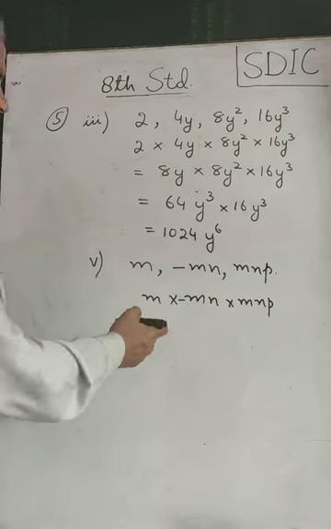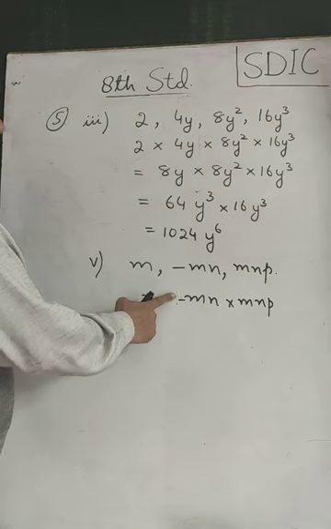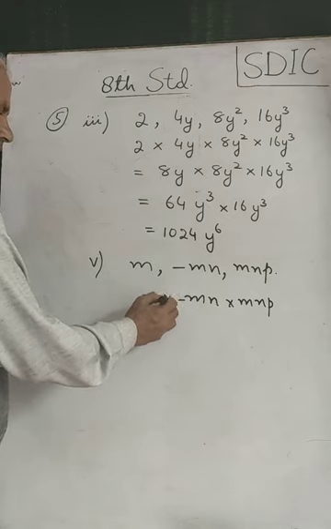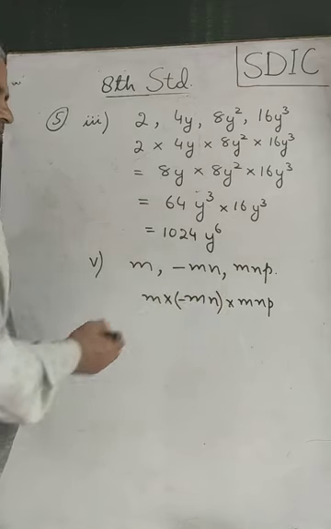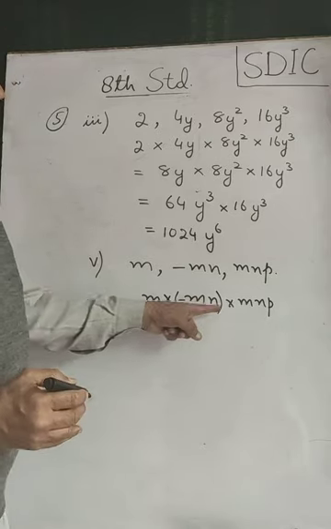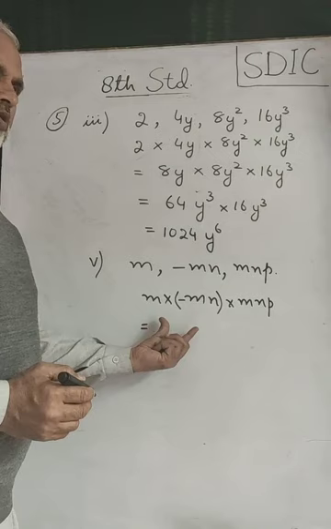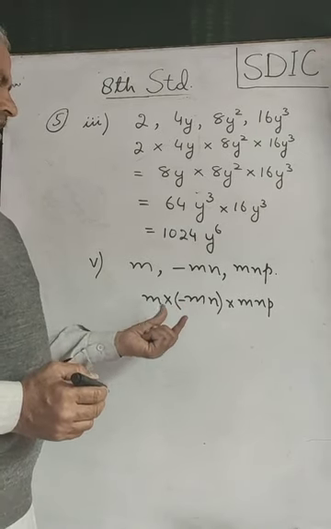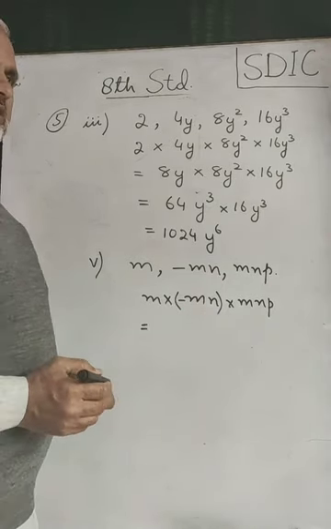Then as already said, again we have 2 signs together here. We'll use bracket. And then out of the 3 monomials, choose the first 2 monomials, multiply first them. Then the product will be multiplied by the third.